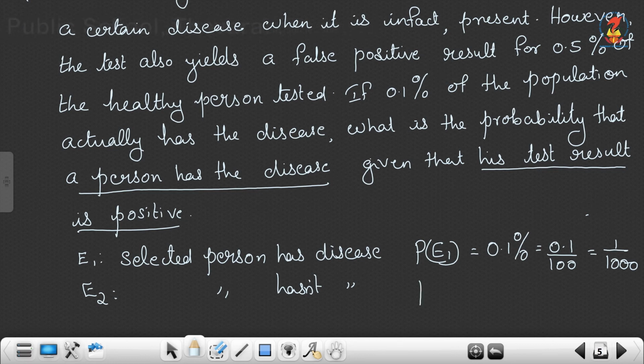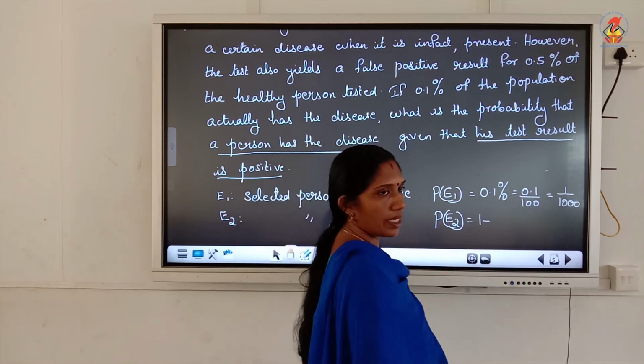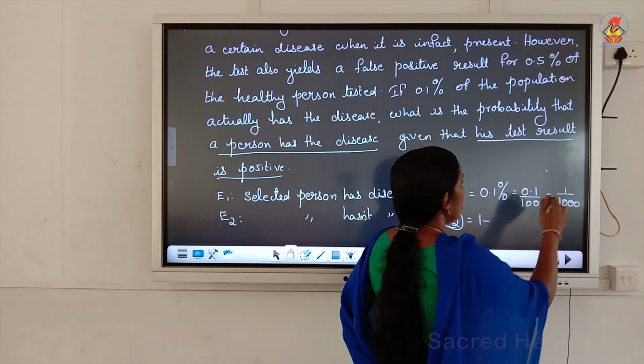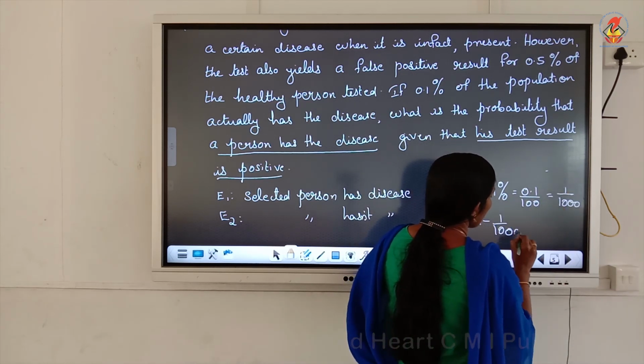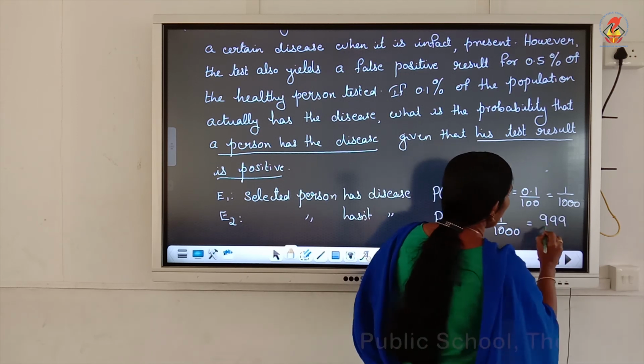Now what is P of E2? P of E2 is the complement of E1. So the percentage of population that has not the disease means you have to find the complement: 1 minus 1 by 1000, that means 999 by 1000.